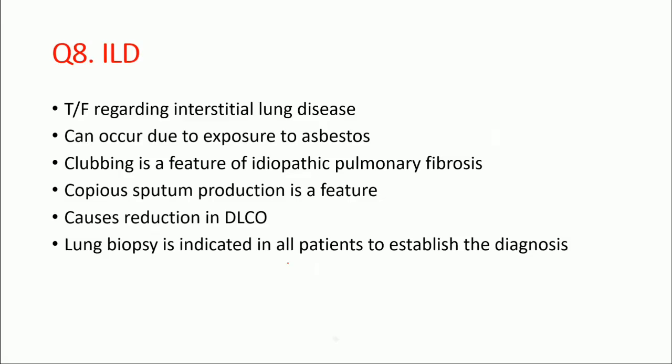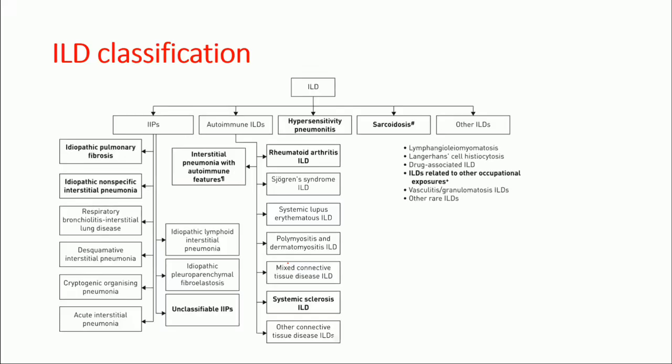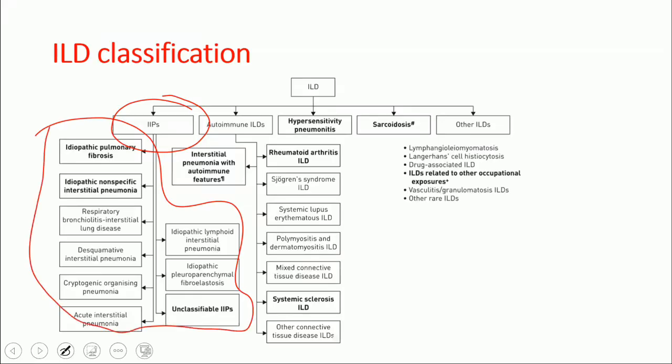Okay. Next one is on interstitial lung disease. Now, this is a very complicated classification of interstitial lung disease, and you're not supposed to know this, so don't worry. There are various types of idiopathic interstitial lung diseases, autoimmune or connective tissue disease related ILDs, and hypersensitivity pneumonitis related ILDs, that is sort of farmer's lung.